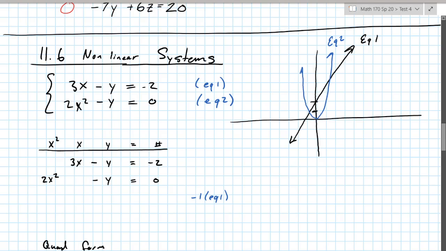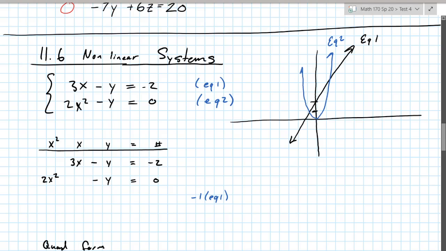Our technique to do this is, again, substitution or addition or elimination. As much as we can, I'm going to use the elimination method to eliminate a variable in order to get our equation in terms of just one variable. Notice we have x squared, x, y, and number terms in this problem.